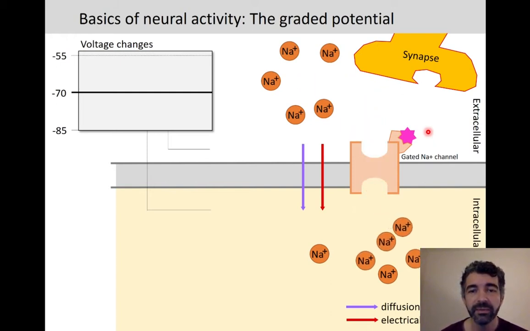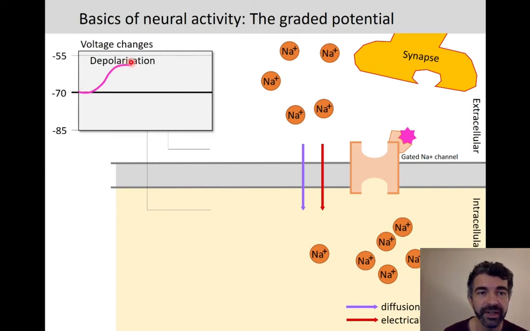Remember, in the resting potential, Na+ still wants to get inside because the equilibrium for Na+ would be a positive voltage, but we are still at minus 70.